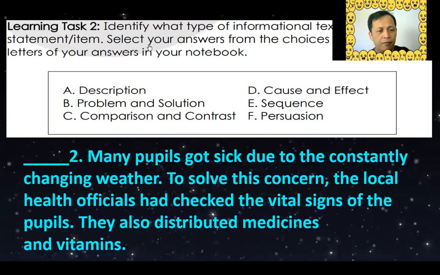Question number 2. Many pupils got sick due to the constantly changing weather. To solve this concern, the local health officials checked the vital signs of the pupils. They also distributed medicines and vitamins. Again, what kind of informational text is that? And the choices are given in the box above.